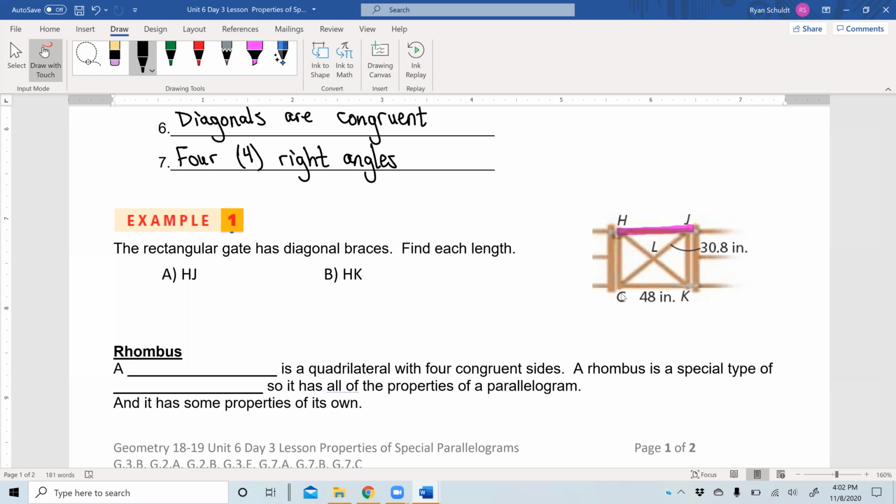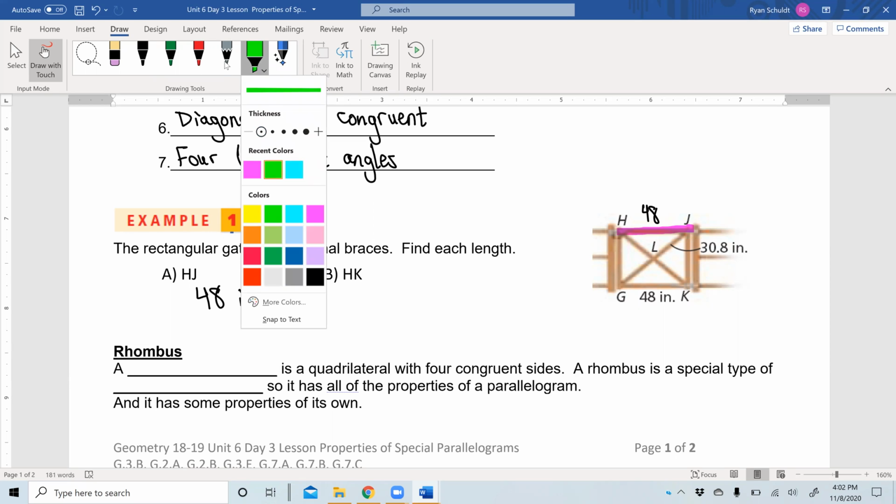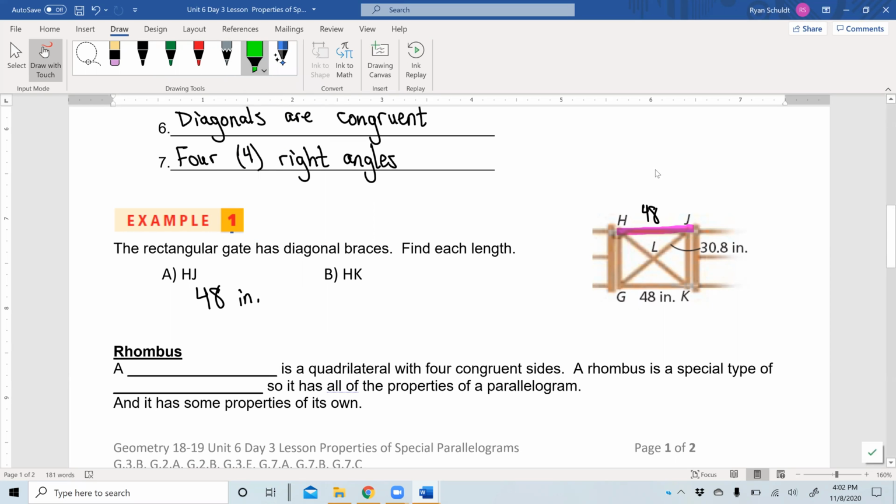Well, I know GK is 48, so that means HJ has to also be 48. So HJ is 48 inches. Then they ask us to find HK. That one right there.